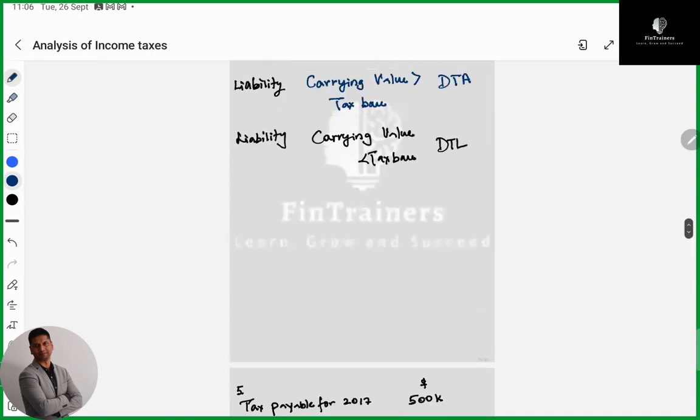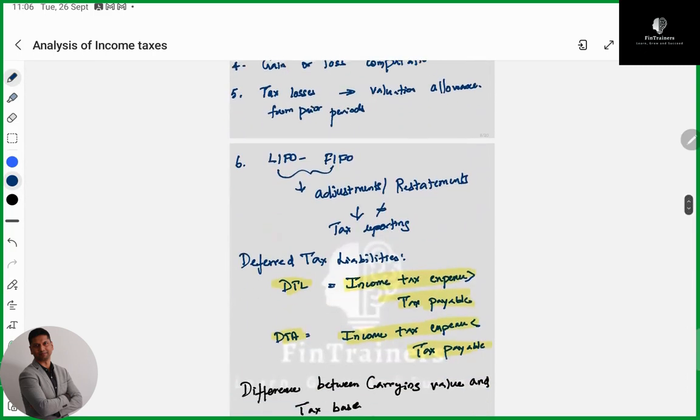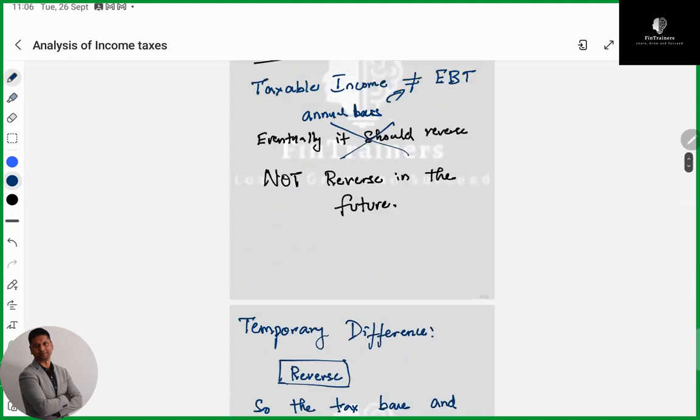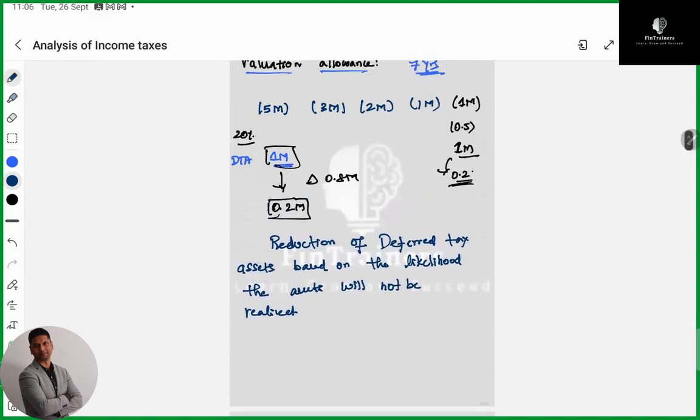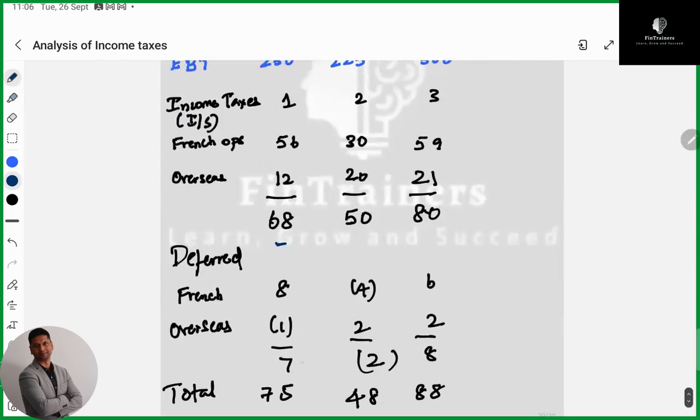It is made up of 2 components, right? If you go back to our first discussion on income tax expense, it is current tax plus change in DTA or DTL. So it is not only this number you have to use, you have to add the changes in deferred items also.